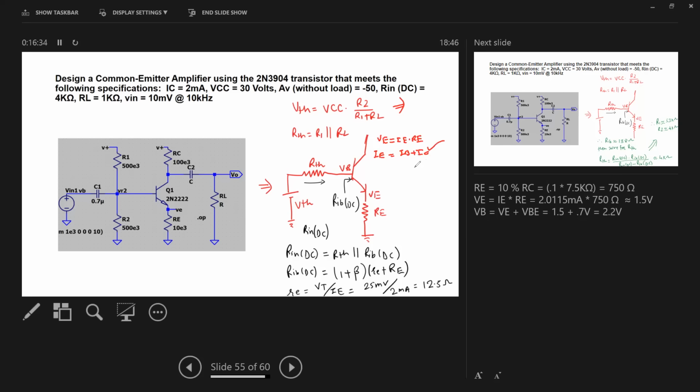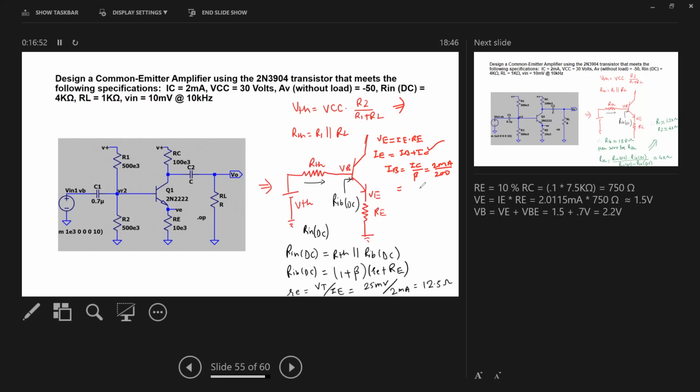Now I know IC is 2 milliampere, but I don't know IB, but I can have the value of IB because I just showed the beta value. So IB is IC over beta. So 2 milliampere divided by 200 will be the value of IB.